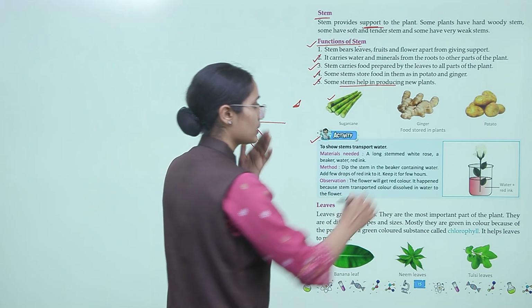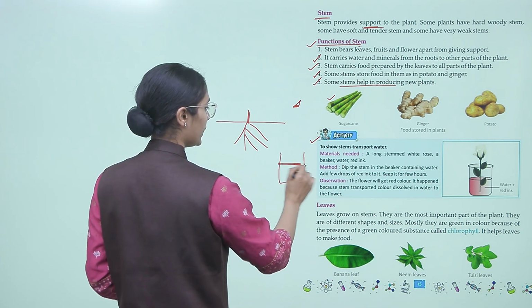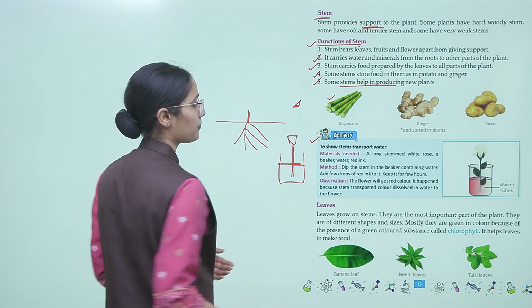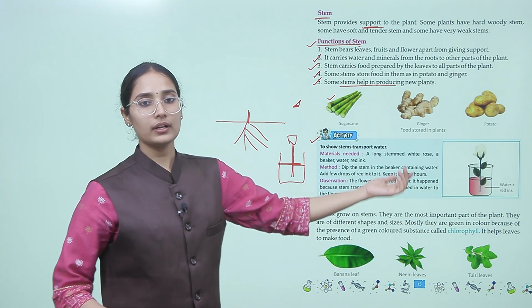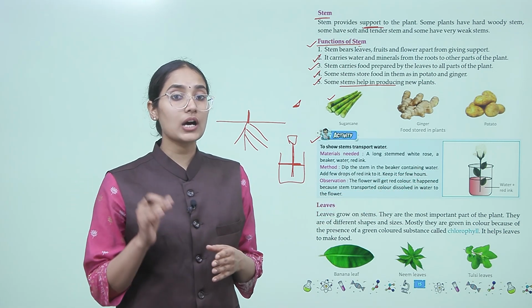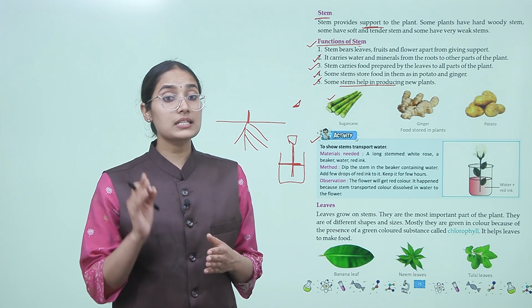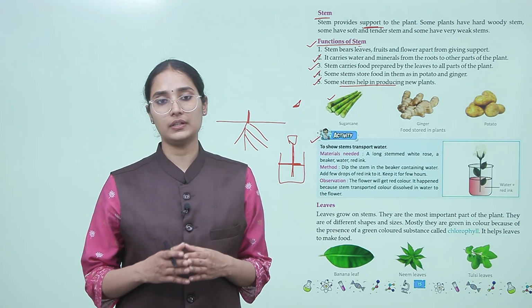So what you have to do is take a beaker, put some water into it and take a white rose. Now you will add red ink into the water and wait for a few hours. What you will observe is that the flower will turn red in color. It happened because the stem transported color dissolved in water to the flower.